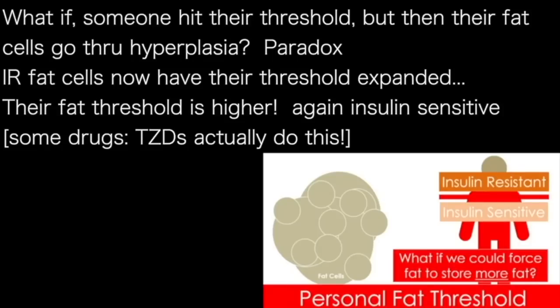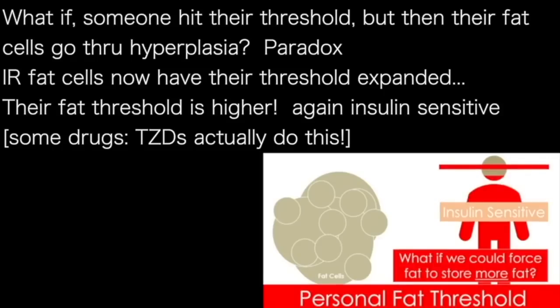If you could go to that fat tissue and make it undergo hyperplasia, you would have a paradox occur metabolically, because you have on one hand expanded their ability to gain more fat, but what do you think happens to now their fat threshold? Even though they've gained more fat and their threshold was here, they went beyond it. By forcing them to gain more fat through hyperplasia, you push up the threshold even higher. So even though they're fatter, this is the paradox, they're now in fact insulin sensitive.